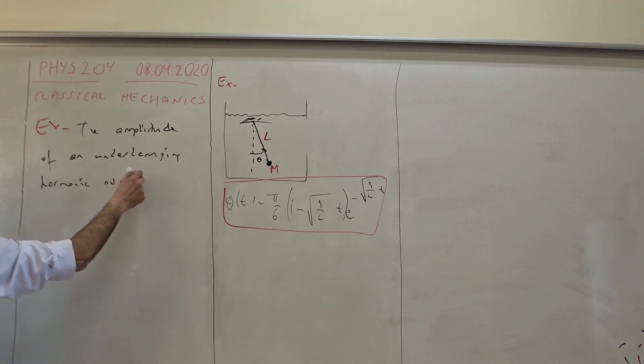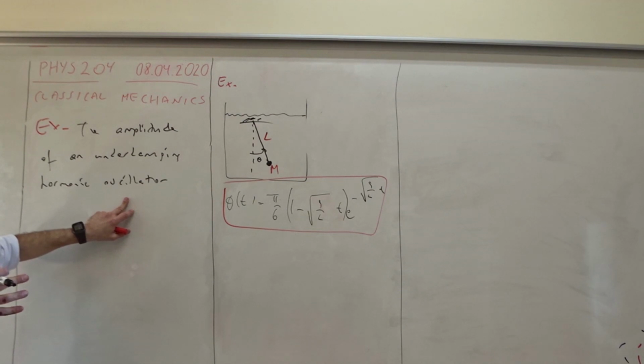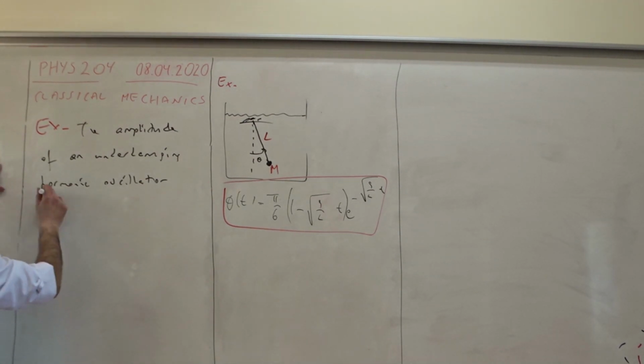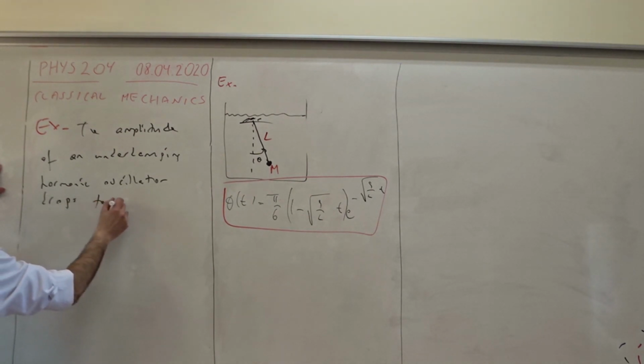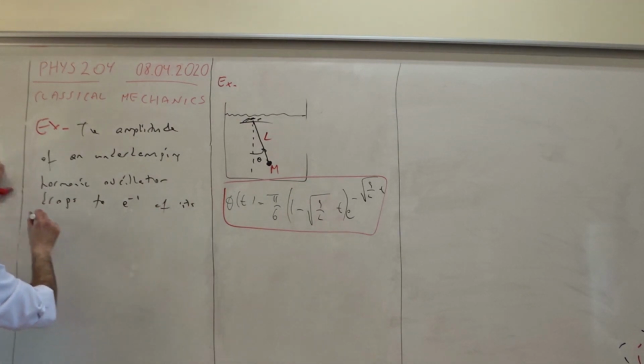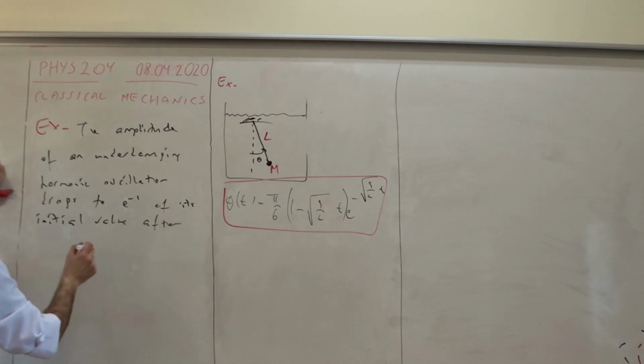The amplitude of an underdamped harmonic oscillator, or a harmonic oscillator that executes underdamped motion, drops to e to the minus 1 of its initial value after 4 cycles.